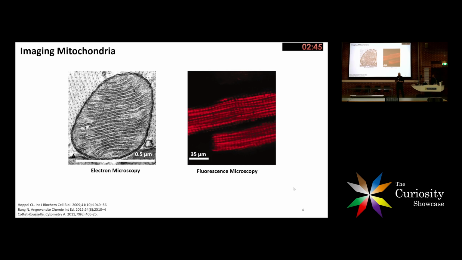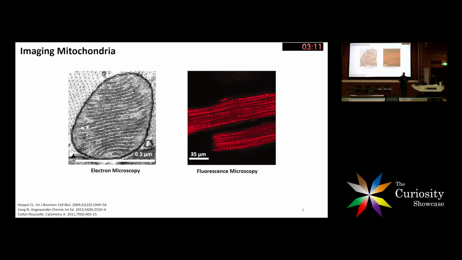So what forms of imaging do we have available for imaging mitochondria? The two predominant methods that we use are electron microscopy and fluorescence microscopy. Electron microscopy has really high resolution. You can see this image on the left here. That's an individual mitochondrion, and you're capable of seeing the submitochondrial structures.